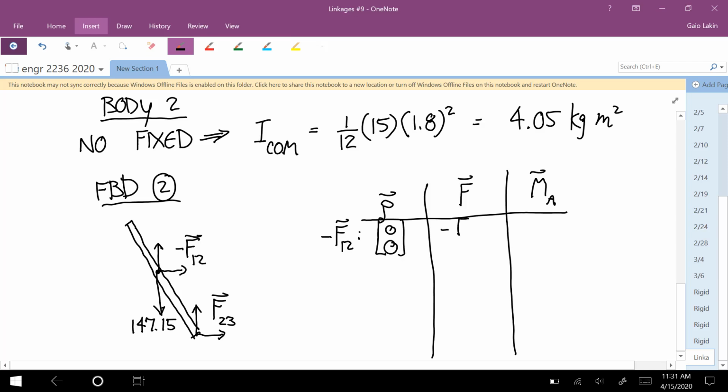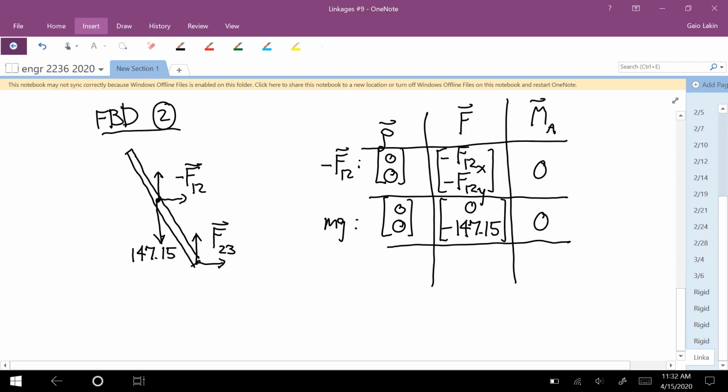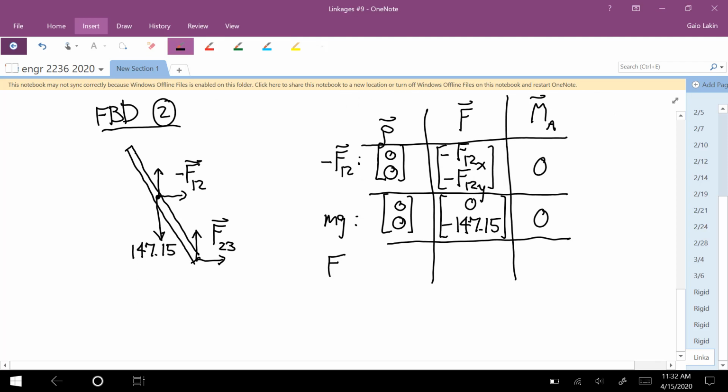The force vector is negative F12x, negative F12y, and the moment is 0. The weight force, also row vector of 0. The force is 0, negative 147.15. Moment is 0. And then the last one is that force F23.